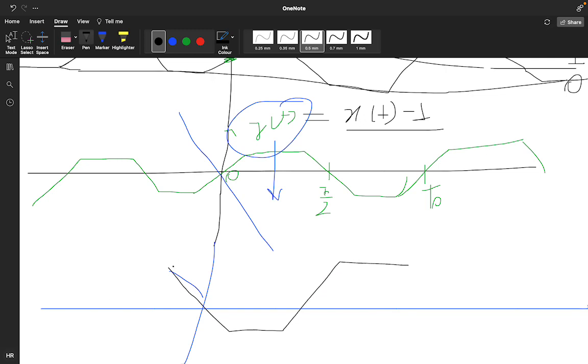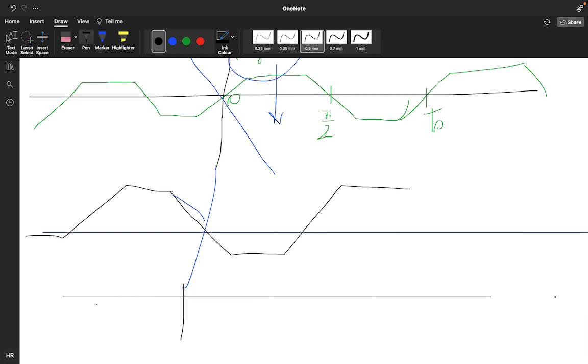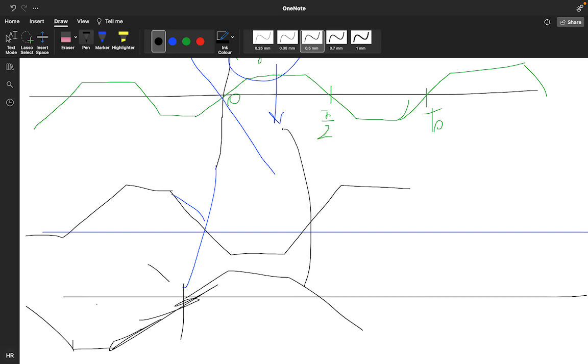And when you reverse the signal, it will go downside, so the same graph you will get, means the same signal you will get.